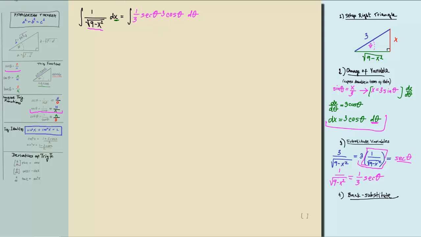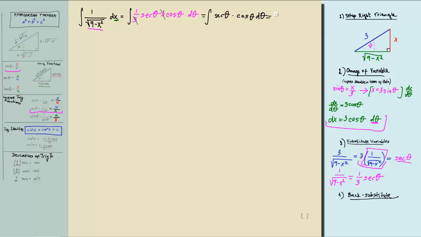Now we can cancel some things. We can cancel the 3 here and 3 here, which leaves us with the following integral. It's the integral of secant theta times cosine theta d theta.